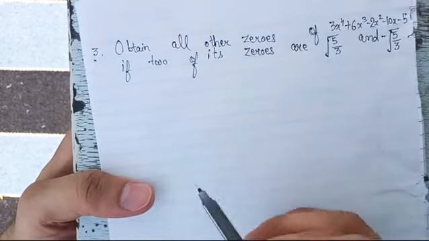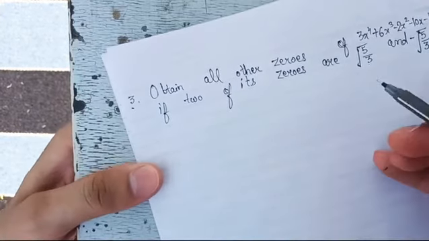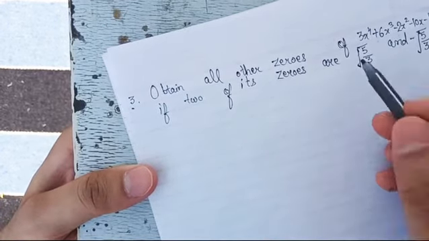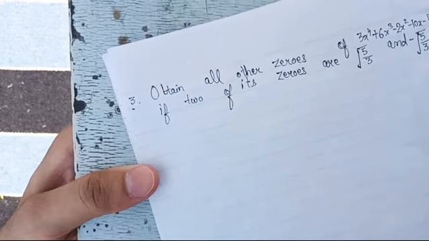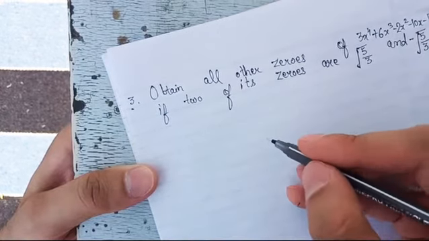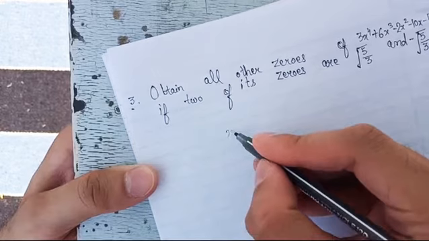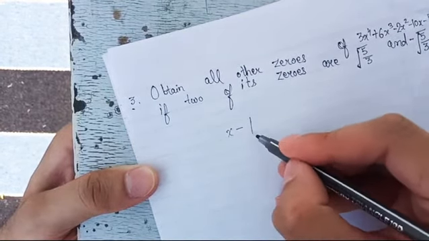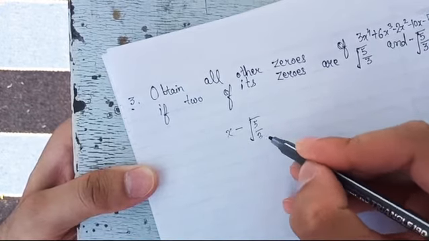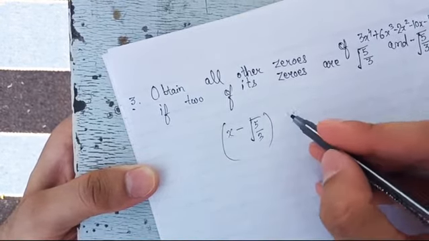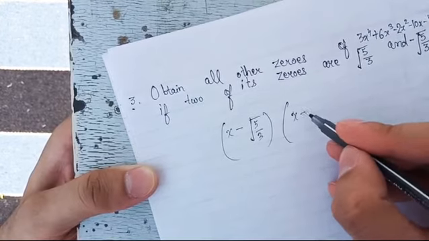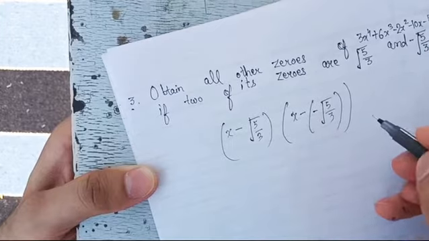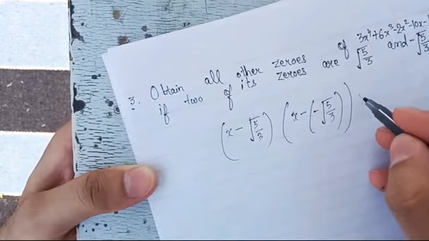In such a question, whenever zeros are given, remember this step: always subtract them from x, so x minus root 5 upon 3, and x minus minus root 5 upon 3, and equate it to 0.